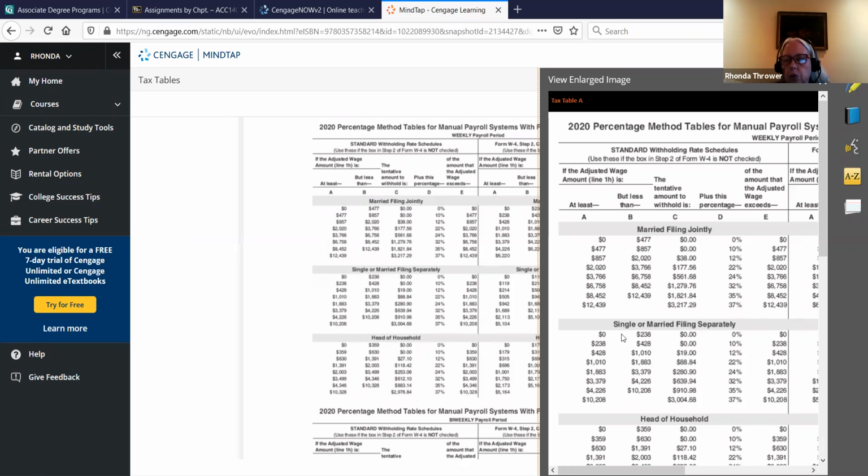For this first employee, the amount of wages was $1,040. It falls in between $1,010 and $1,883. So $1,040 is above $1,010, but still below $1,883.